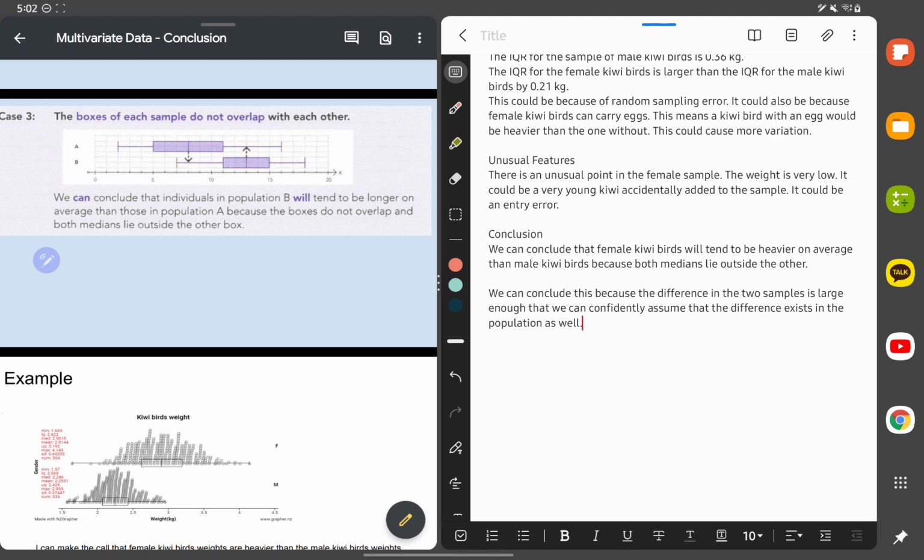But we are trying to conclude for the whole group of people, which is what we're calling the population. So even though we have a sample of kiwi birds, we're saying the difference in the sample is enough that we can conclude some assumptions about the population. Right? The population being all kiwi birds, all male and female kiwi birds.